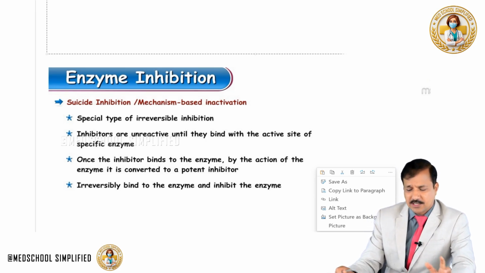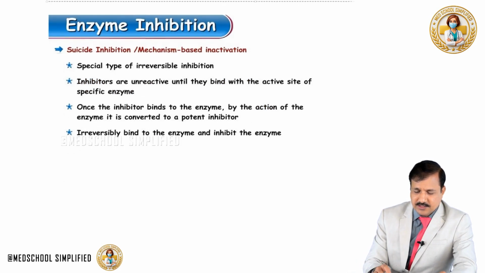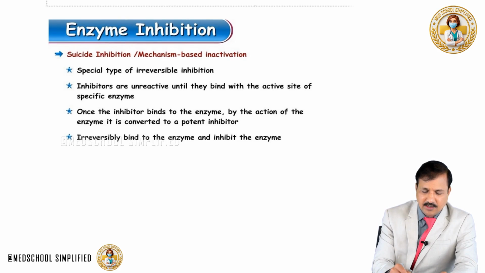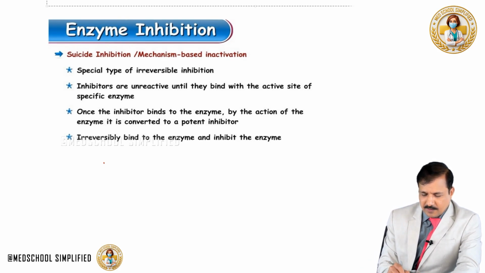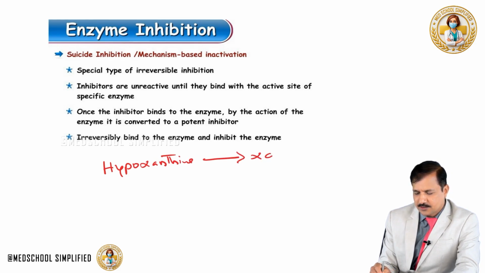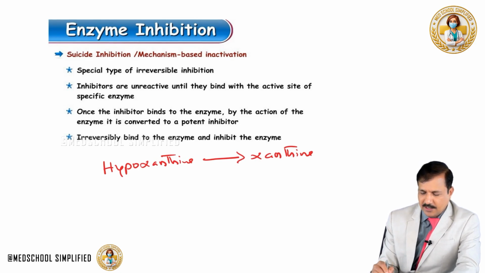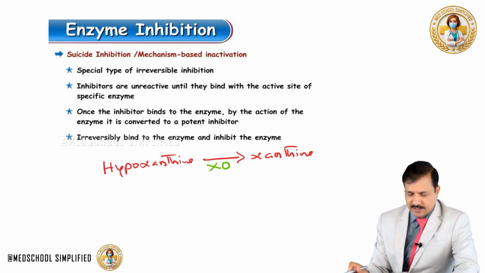So the difference here, let me write down an example. We have hypoxanthine, which is normally converted into xanthine, and that is done by the enzyme xanthine oxidase. XO is xanthine oxidase here.